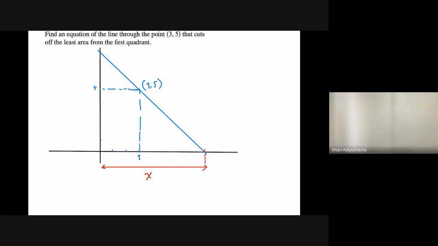So we need to take this variable x here and variable y. That's the idea for the question.